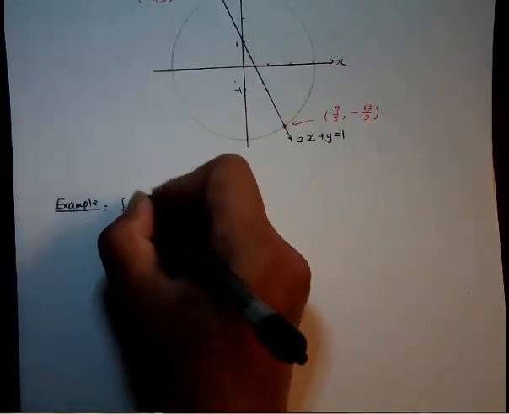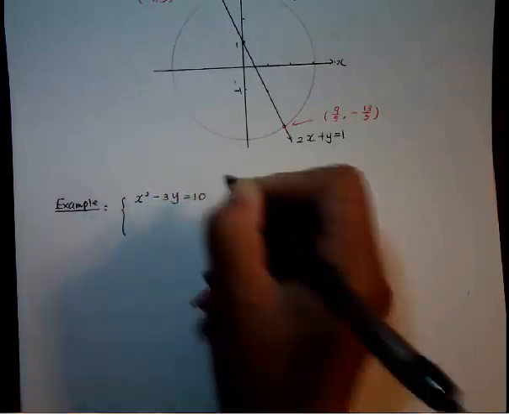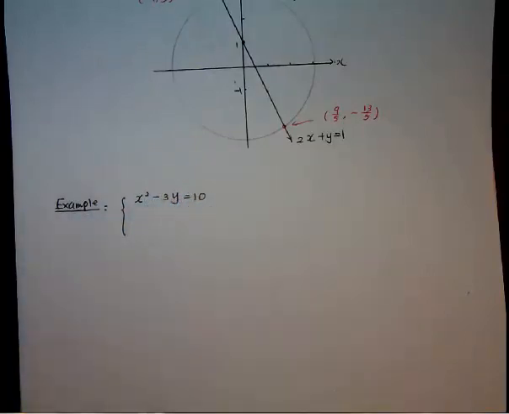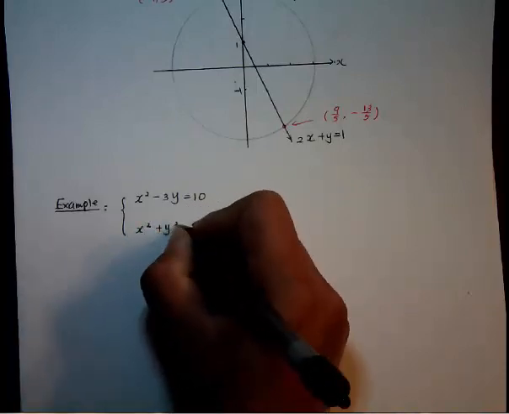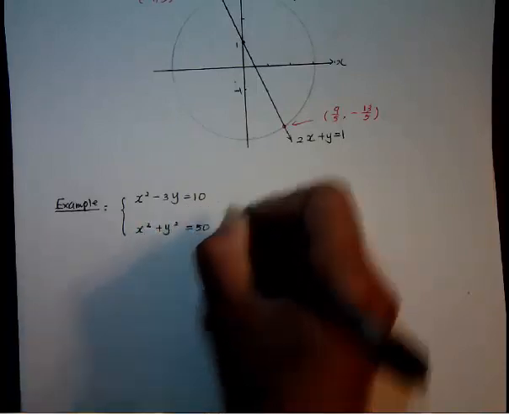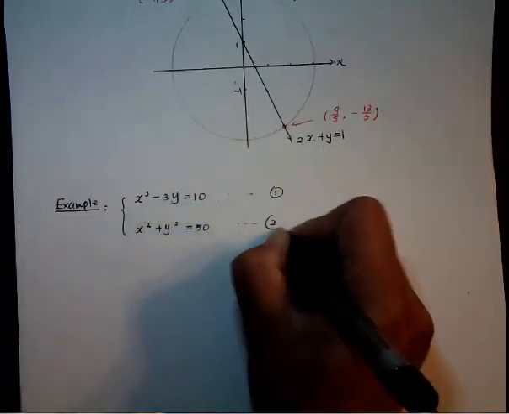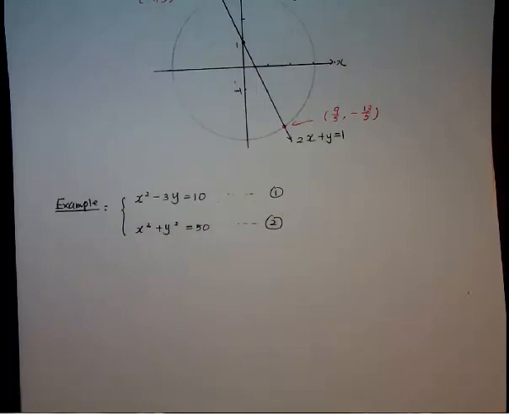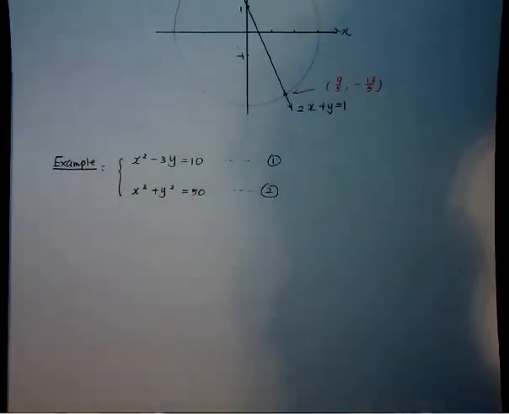The equations are x squared minus 3y equals 10. You can see this is a quadratic equation. Another is a circle, x squared plus y squared equals 50. Right. So for this problem both methods can work, your substitution method or elimination method.